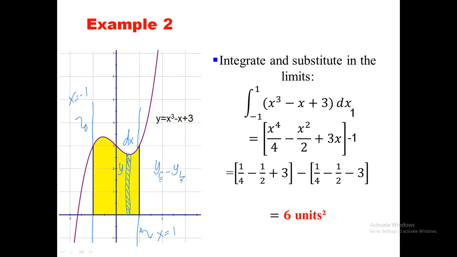Now, if it's represented here in our integral, do you know already how this integral is evaluated? It is actually this expression. So this is your y and this is your dx. This is the y of the curve minus the y of the line, the x-axis, which is y equal to 0.